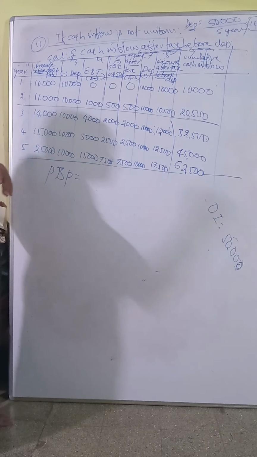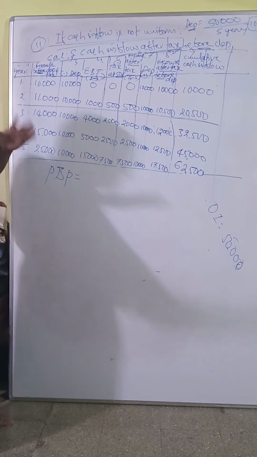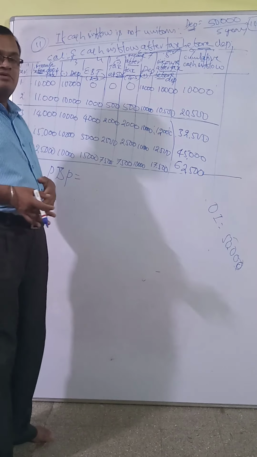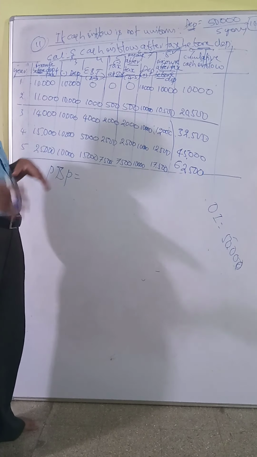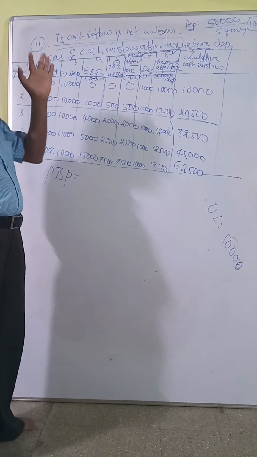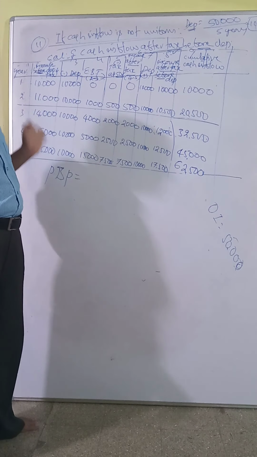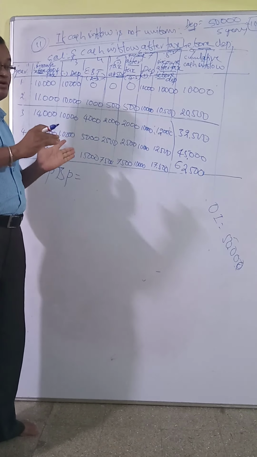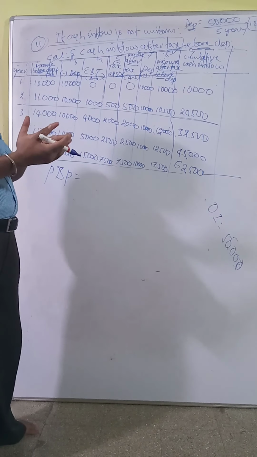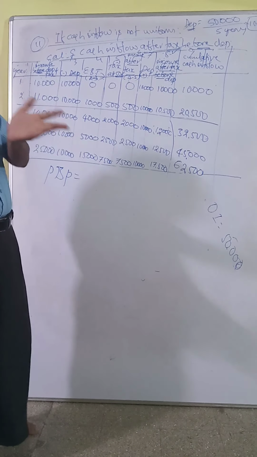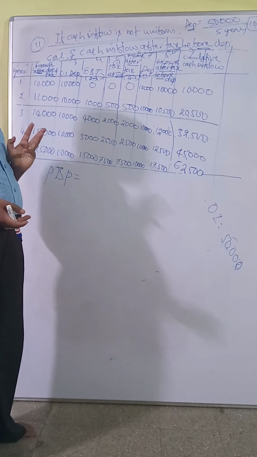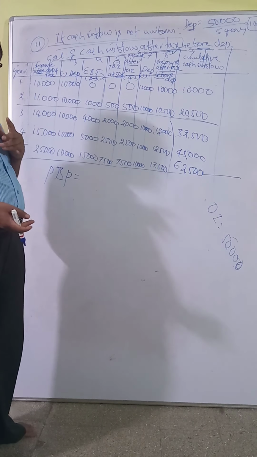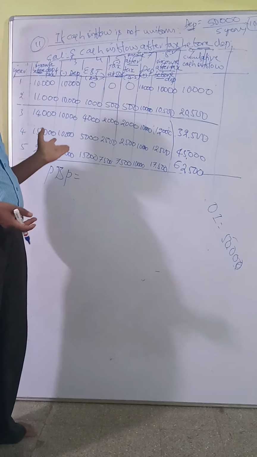They gave 1, 2, 3, 4, 5, and the next column, income, meaning cash inflow before depreciation and before tax. But we want after tax, but before depreciation. Means here you have to deduct depreciation, deduct tax, then add depreciation.